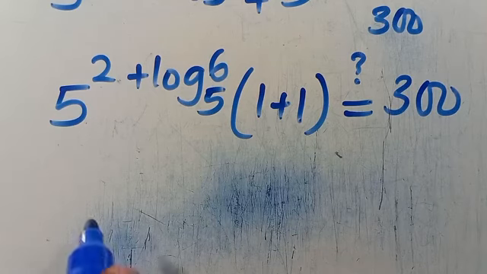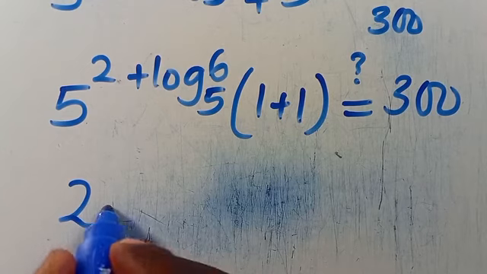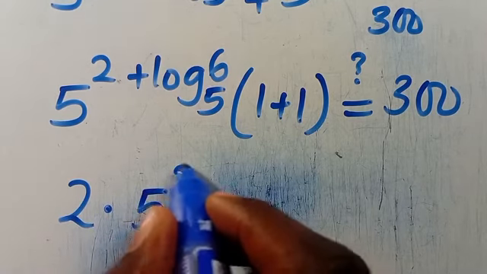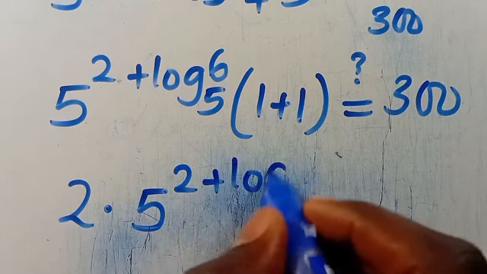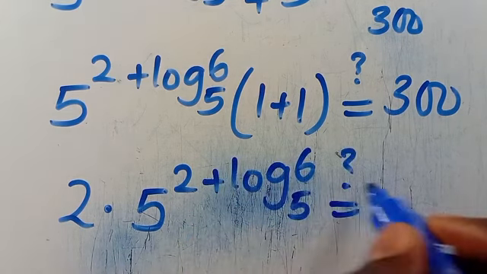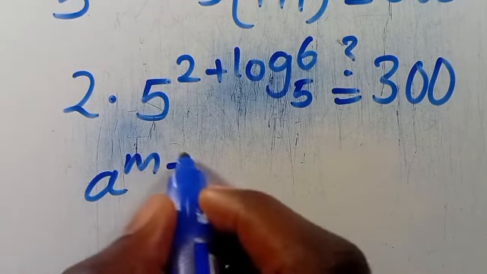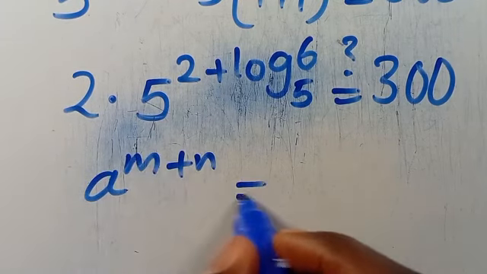So from here, we have 1 plus 1 to be 2. We have it outside here, 2 multiplied by 5 to the power of 2 plus log 6 in base 5. Then it's going to give us 300. So recall that when we have a to the power of m plus n, it always equals a to the power of m multiplied by a to the power of n.